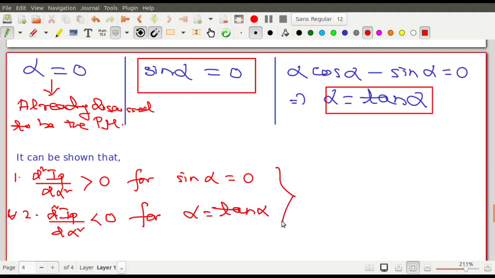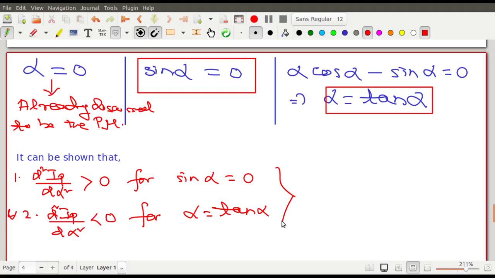Got it? So sin alpha equals to 0 is for minima points and alpha equals to tan alpha corresponds to maxima points. Because you know how to decide the maxima and minima once you know the points. I hope everybody knows it from your previous principles.